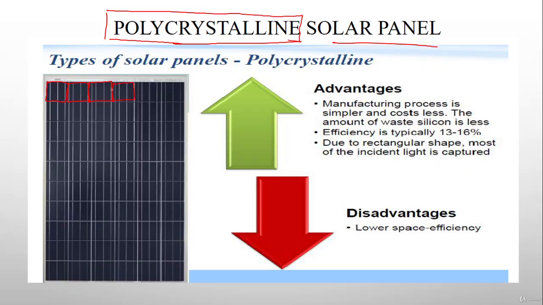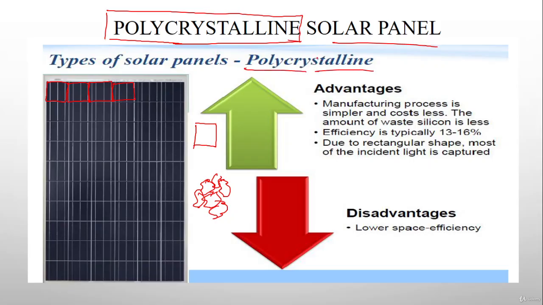Various crystal structures of silicon are fused together to form one rectangular solar cell, and that is why this manufacturing technology is called polycrystalline.